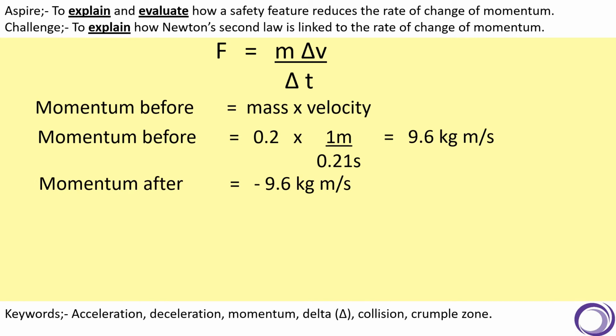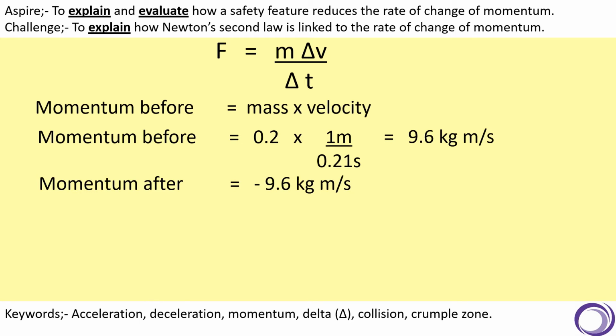So it hits the rubber band and goes back in the opposite direction. So the momentum afterwards is going to be minus 9.6 kilogram metres per second. That change of momentum is due to the force provided by that rubber band.